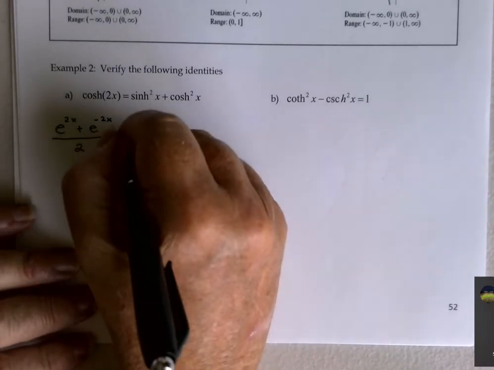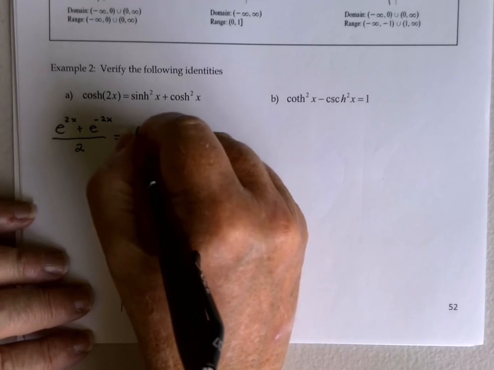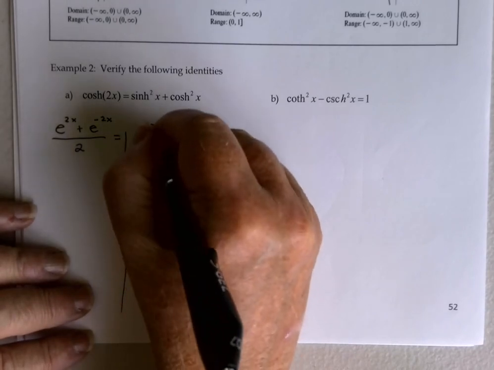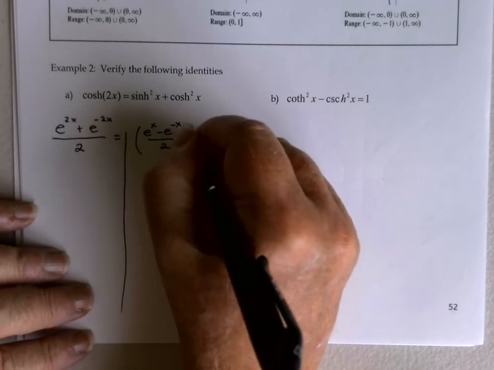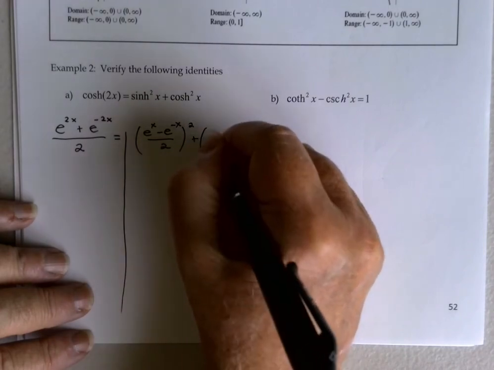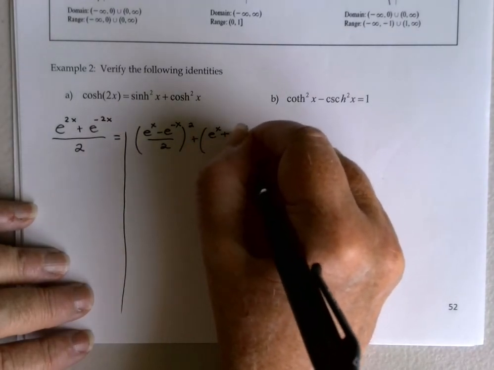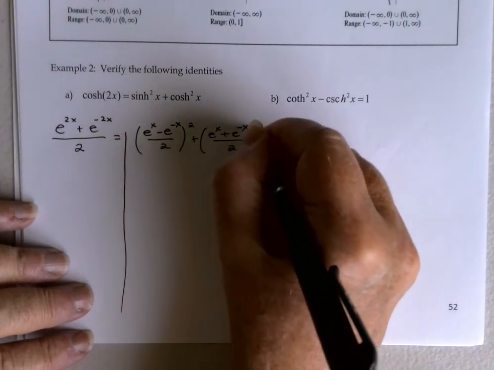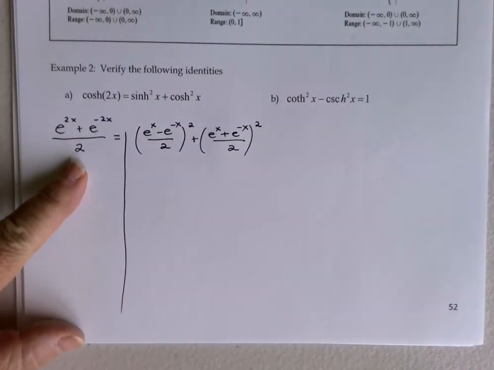And I want to show that that is equal to hyperbolic sine of x squared plus hyperbolic cosine of x squared. This is pretty much in simplified form already, so I'm just going to leave it like this.